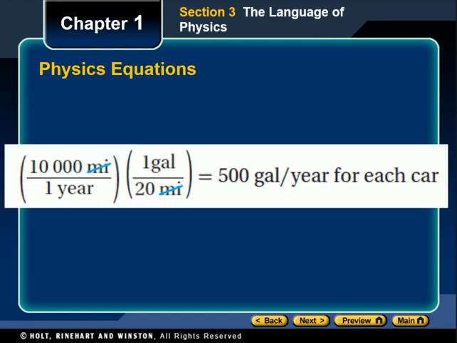Order of magnitude estimates can also be used to estimate numbers in situations in which little information is given. For example, how could you estimate how many gallons of gasoline are used annually by all the cars in the United States? To find the estimate, you will need to make some assumptions about the average household size, the number of cars per household, the distance traveled, and the average gas mileage.